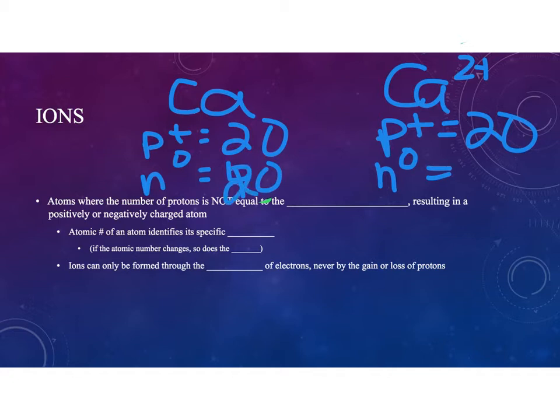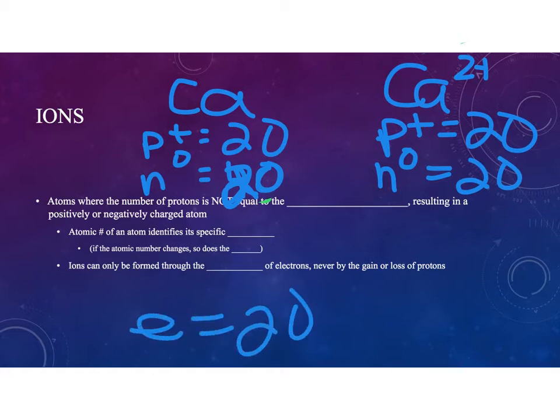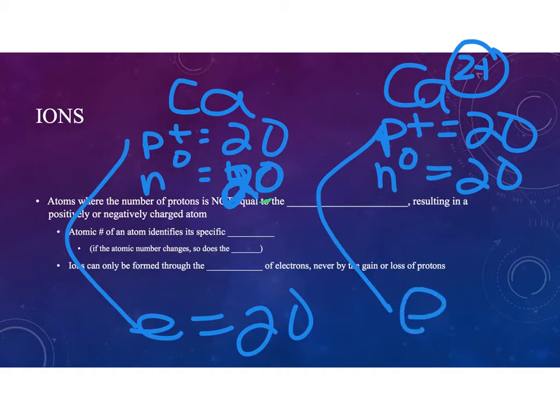Oops, sorry, this is supposed to be 20. And then electrons is equal to 20 here because protons always equal electrons in stable, non-ion atoms. And in this one, since you have 2 less negative charges, you will have number of electrons of 18. A positive charge on an ion indicates a loss of electrons.